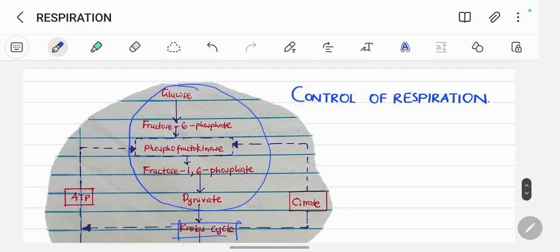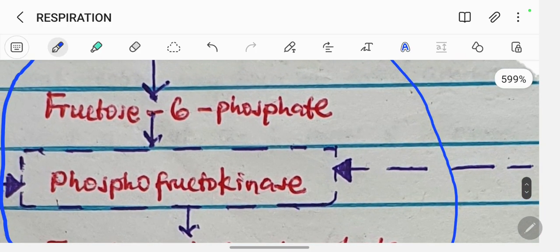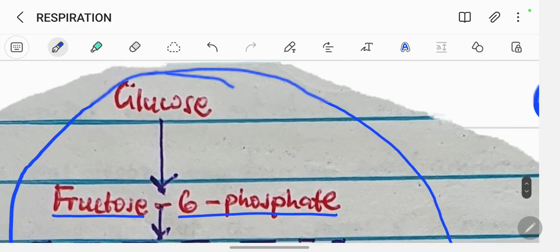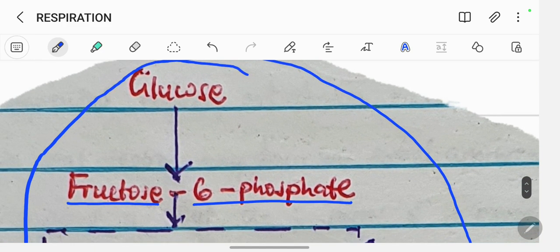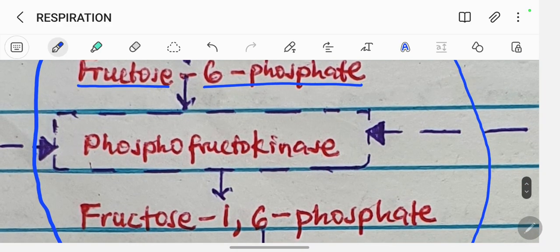But in our glycolysis, I've summarized it from glucose to glucose 6-phosphate to fructose 6-phosphate.